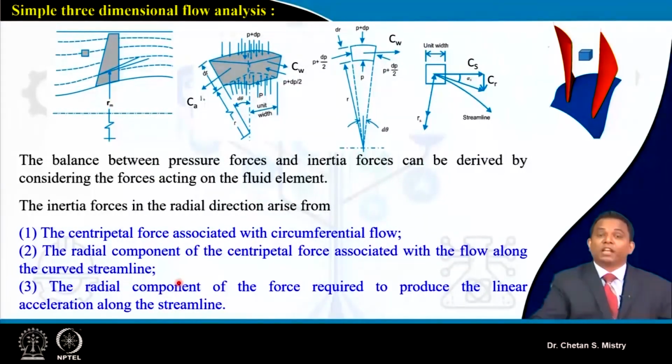So you can understand we have two different kinds of configuration. One is my pressure force, and second is my inertia force. So between the passage we have the presence of inertia force and pressure force. We are moving toward a more detailed understanding of the flow within our passage.